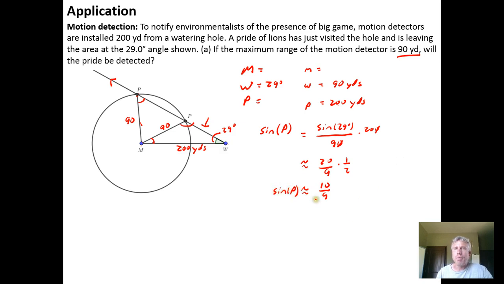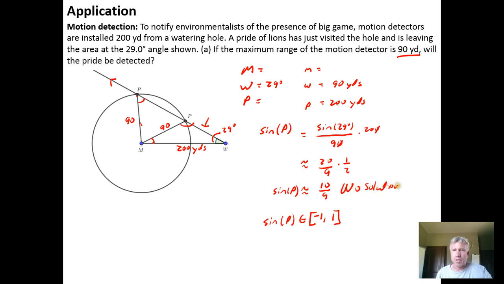The key here is that this number is bigger than 1. And we know that the sine of an angle has to live on the interval from -1 to 1. The biggest number the sine can give us is a 1, and the smallest is a -1. So if we get the sine equal to a number bigger than 1, we know there's no solution.